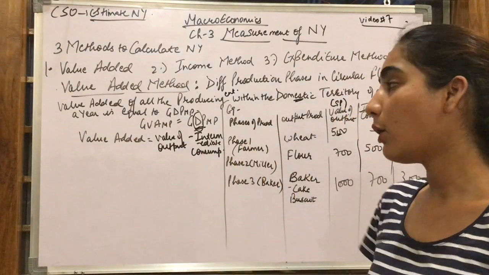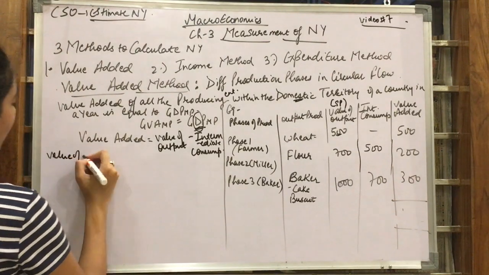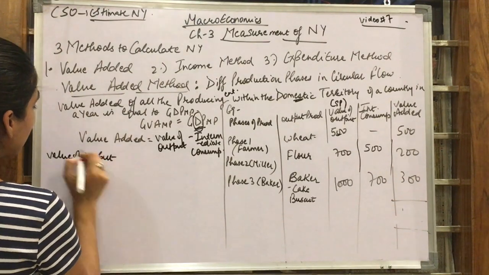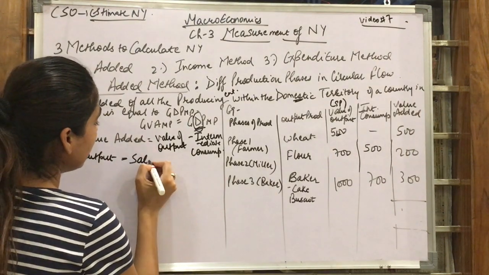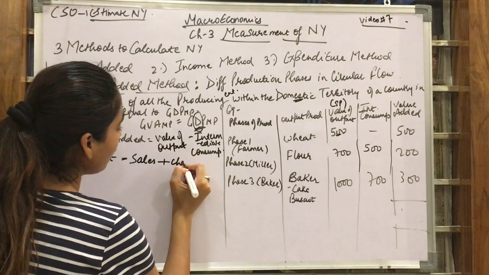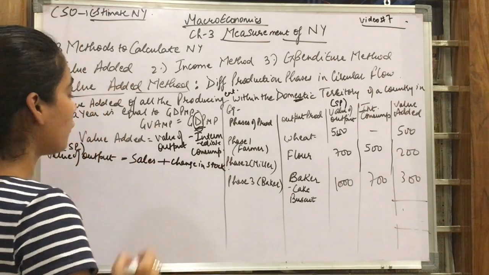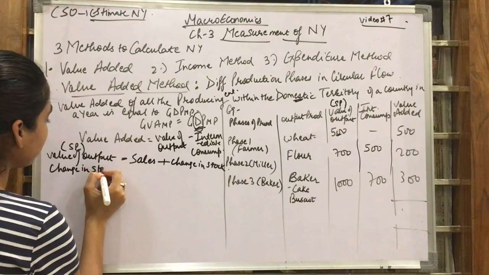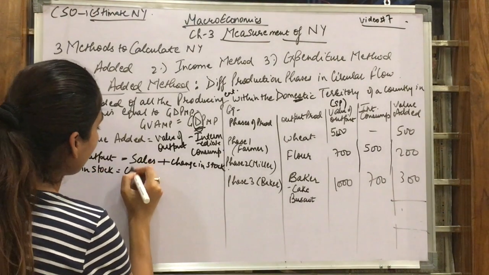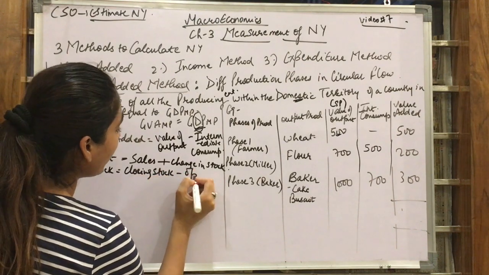Now, what is value of output? Value of output means the selling price. That means sale plus the change in stock. Now, what is change in stock? Change in stock means closing stock minus the opening stock.